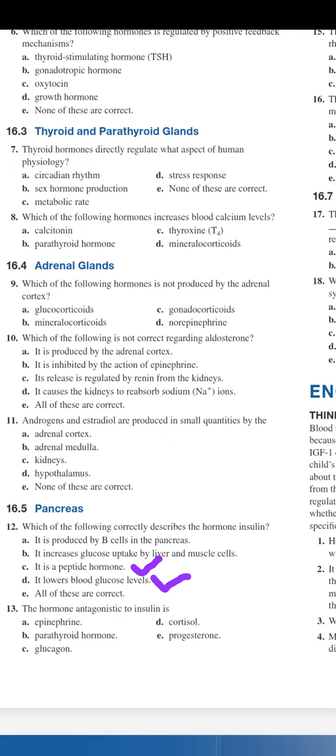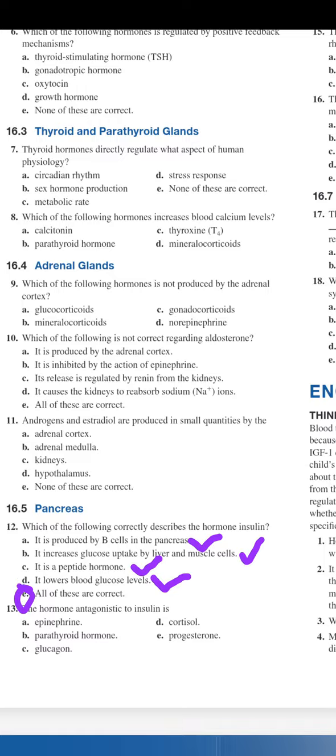It increases glucose uptake by liver and muscle cells. Yes, to remove the glucose from your body, it goes to the liver to store it as glycogen. It is produced by beta cells in the pancreas. So in the pancreas we have two types of cells, beta and alpha. Beta releases insulin, and alpha releases, sorry, glucagon, the hormone. So those are correct.